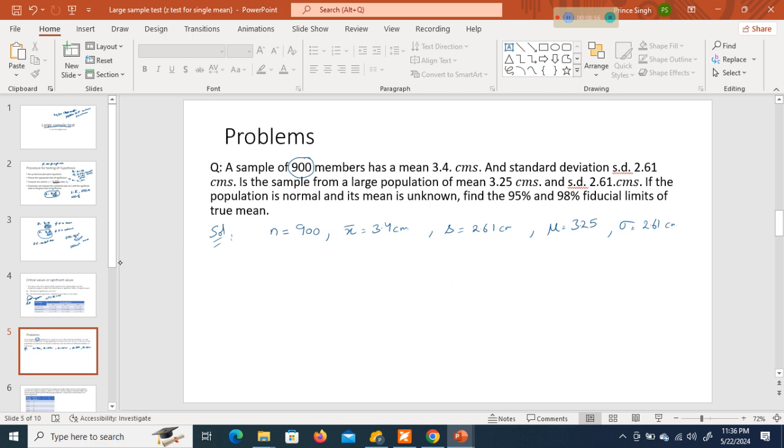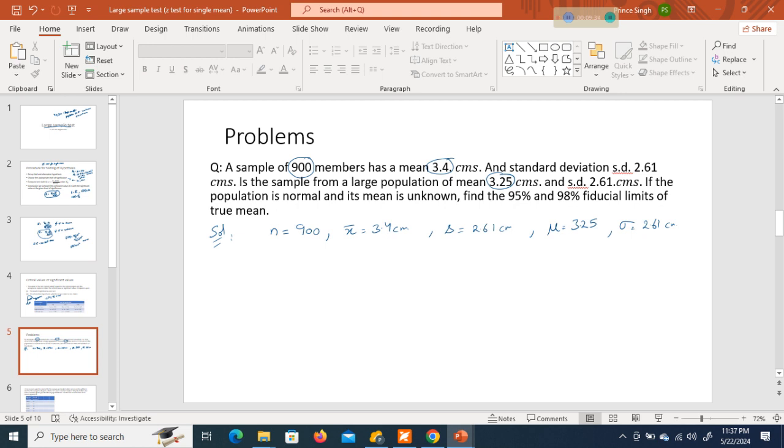The second part is, if the population is normal and its mean is unknown, find the 95% and 98% fiducial limits of the true mean. So basically there are two questions. One is we want to test whether this sample has been drawn from the population whose mean is 3.25, meaning whether the difference in these two values is significant or insignificant, right?